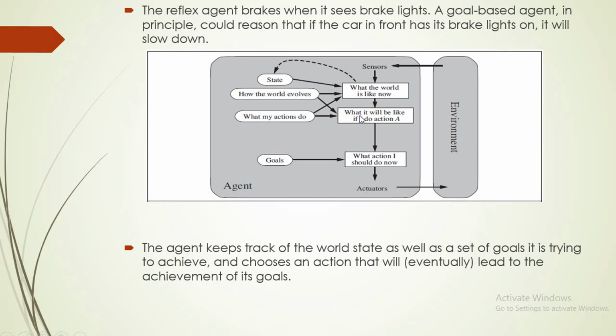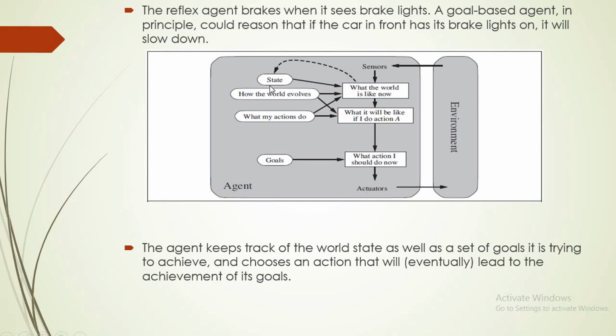So this one has a simple structure, but it adds a little bit more on the internal state. That is what the world is like now. Then what it will be like if I do a certain action, whether I turn left or right, and then what action should I do now to maximize the goal? So there will be goals, and based on these goals, the action is taken.